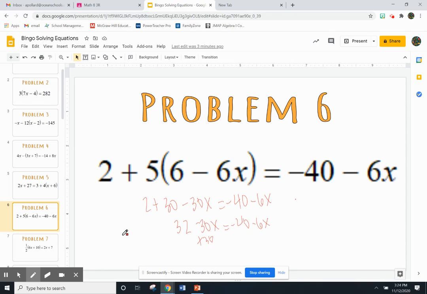Add 30x to both sides. We get 32 equals negative 40 plus 24x. Add 40 over. We get 72 equals 24x. So divide by 24. We get x equals 3.